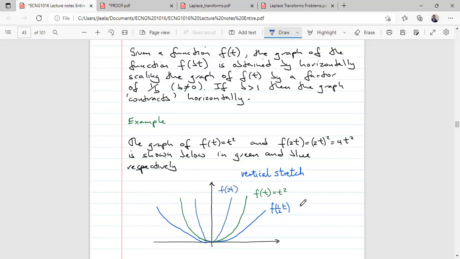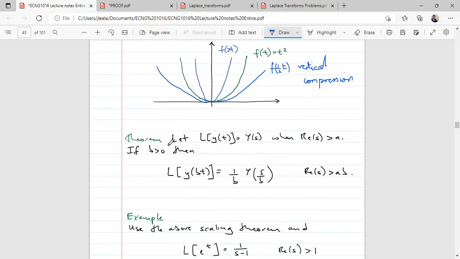So you will call this a vertical compression. Or if you want, you can say contract vertically.